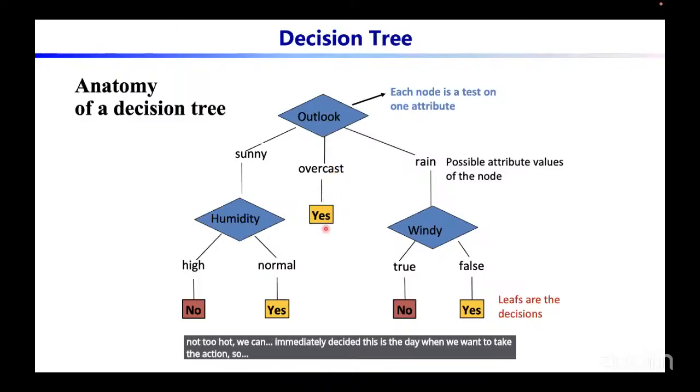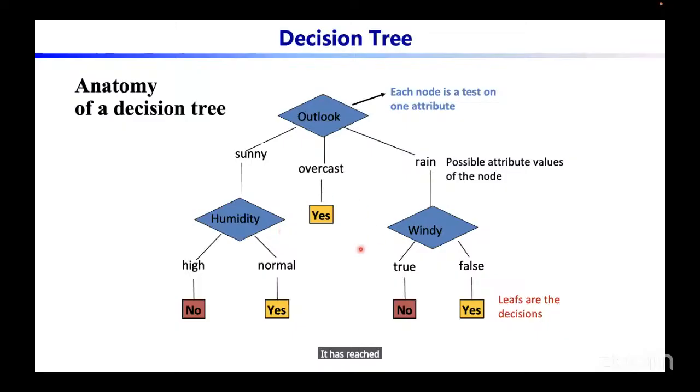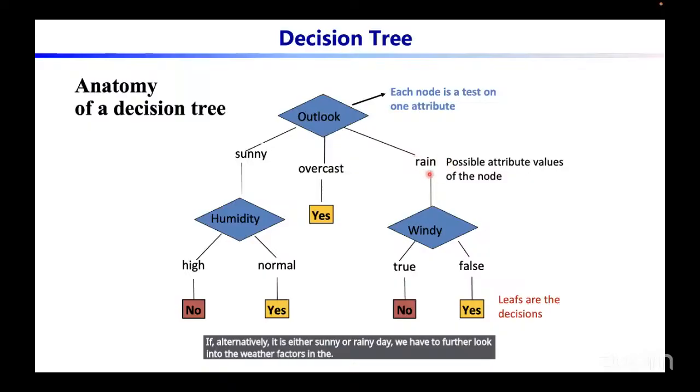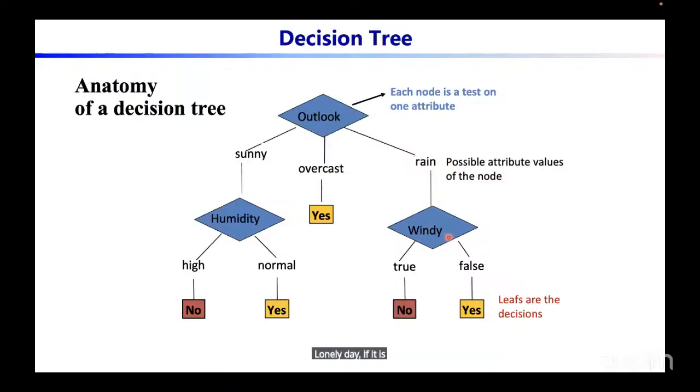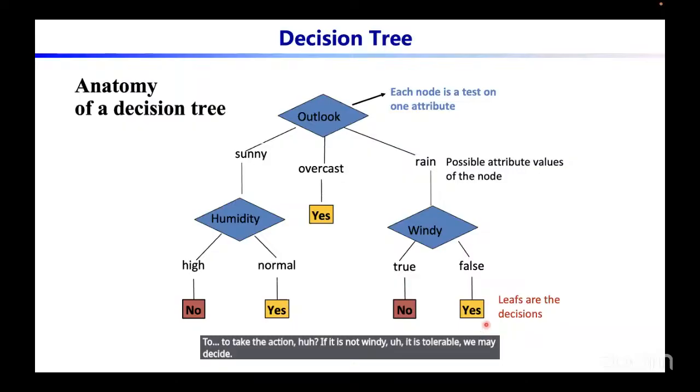So it reaches the final class, yes class. If alternatively it is either a sunny or rainy day, we have to further look into the weather. For instance, on the rainy day, if it is windy, we decide not really to take the action. If it is not windy, it is tolerable, we may decide to proceed with the action.